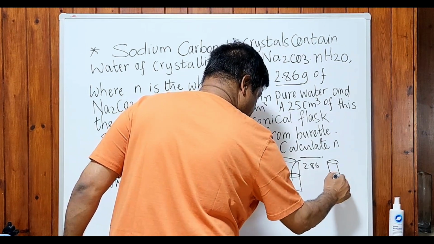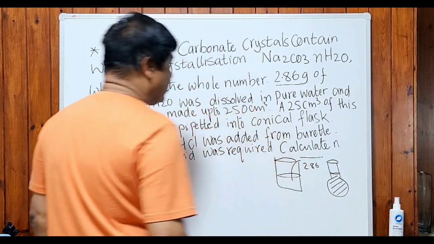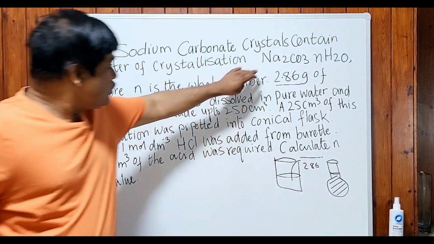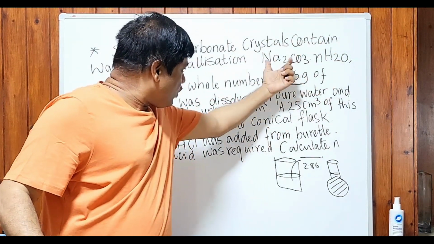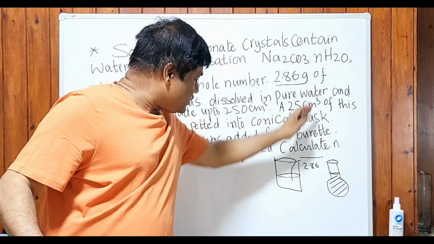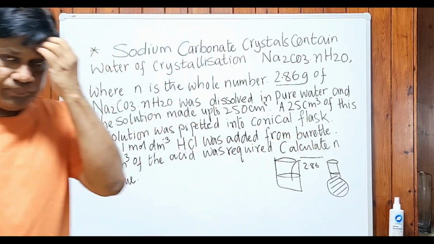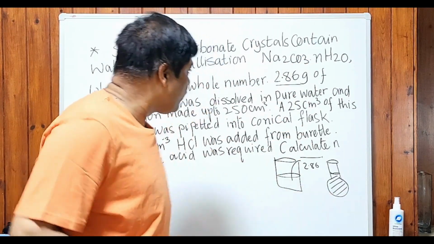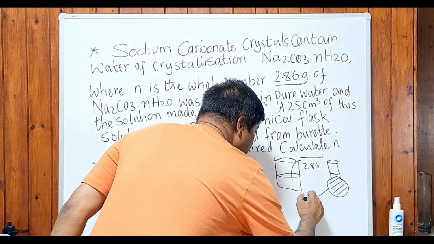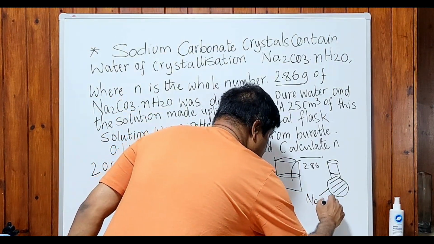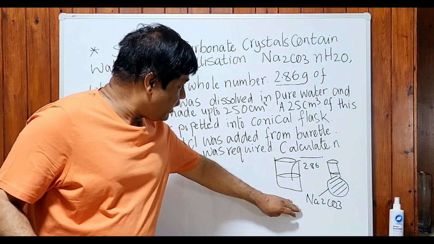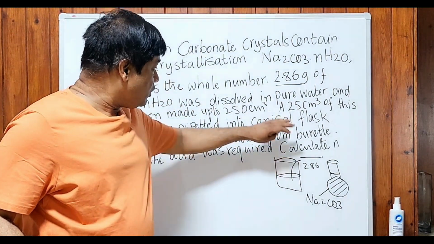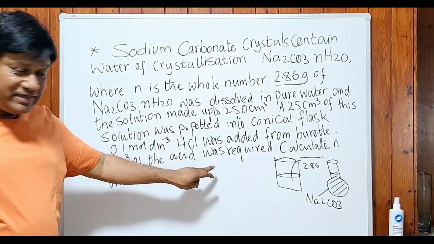Okay, that's the solution of only sodium carbonate. Why, sir? When you dissolve the hydrated salt, this part, which is the integral part of the sodium carbonate, also dissolves and forms water molecules. So that's the solution of only Na2CO3. This solution we are titrating with known concentration of HCl.